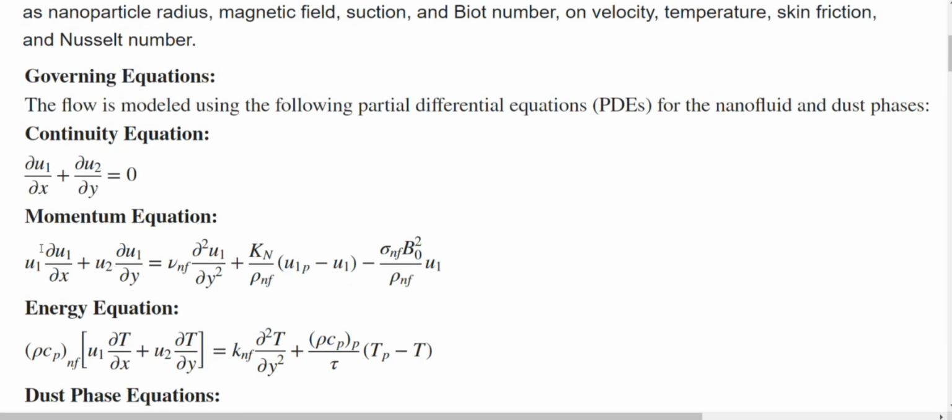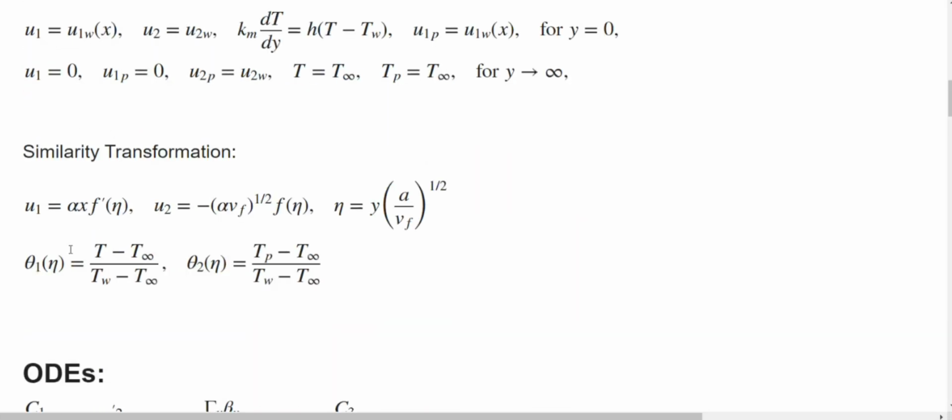You may see that, for example, in these PDEs, or let me just go to the ODEs first, and we will talk about the boundary conditions. We have similarity transformations for U1, U2, eta, theta 1, and theta 2. But probably I have missed U1P and U2P, which should also be here, I guess, which I probably missed while typing over here.